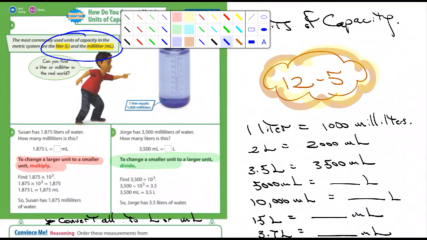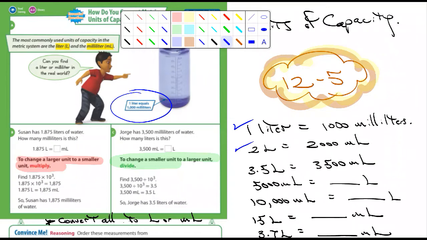Those two right there. And if you look down here, it's kind of small, but it says 1 liter equals 1,000 milliliters. So I wrote this here. I put 1 liter equals 1,000 milliliters, and I put 2 liters equals 2,000 milliliters.